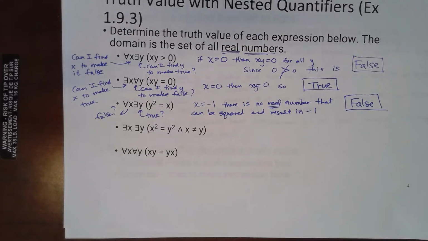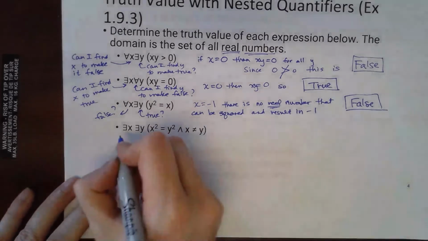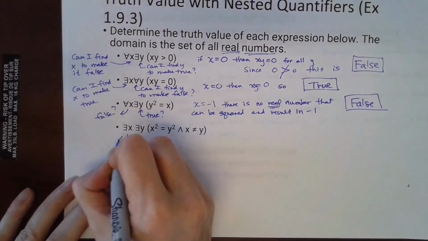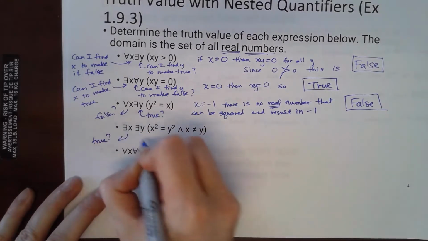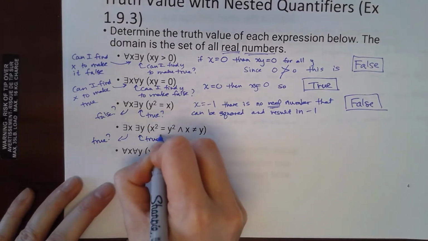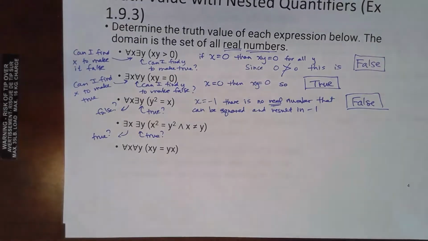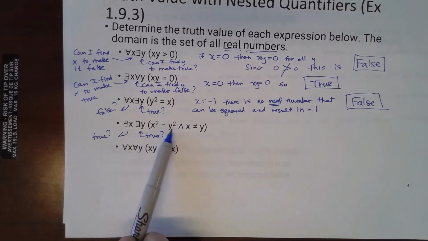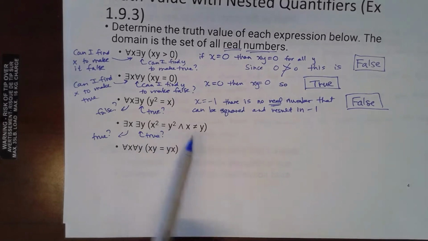This time, X and Y are actually kind of working together. Here, X is trying to make it true, and Y is also. They're not competing against each other, they're both trying to make it true, right? Can I just find an X value and a Y value? Let's coordinate our efforts, so that X squared equals Y squared and X and Y aren't the same thing.